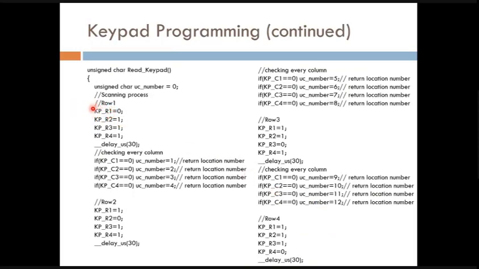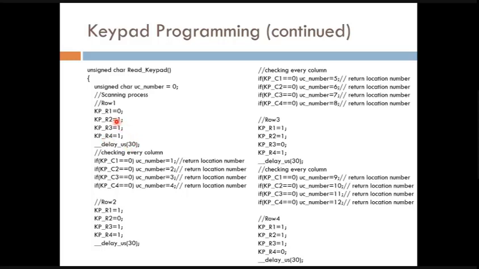You can put any name you want, but make sure that you declare it first. The names here have been declared on the top section of this program, so right now you just make sure that you are using the same declaration names. The names declared are KP_R1 for row 1, KP_R2 for row 2, and the last one KP_R4 for row 4.